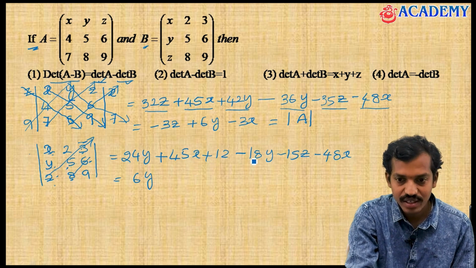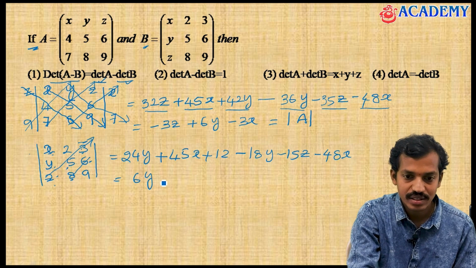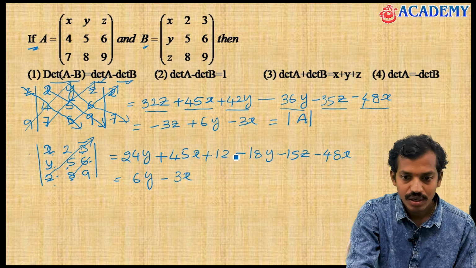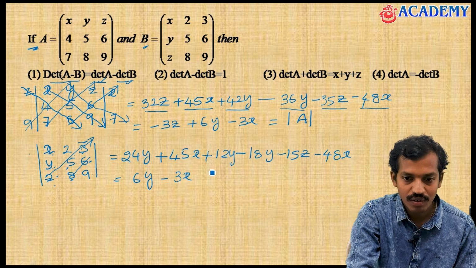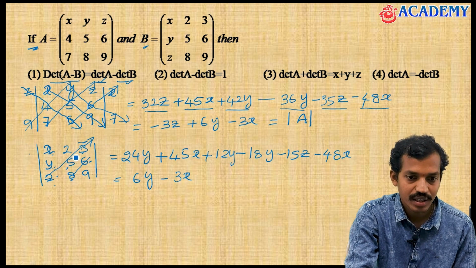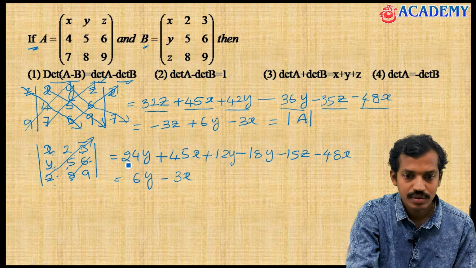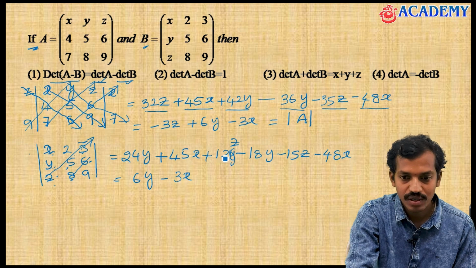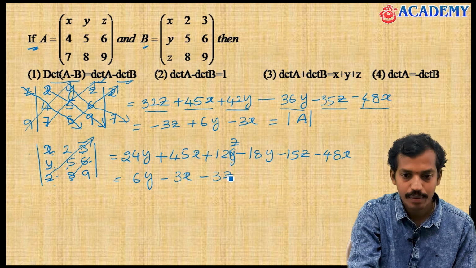Next, 45x minus 48x is minus 3x. Third one means 2 into 6 into z, this is not y, this is z. 12z minus 15z is minus 3z.